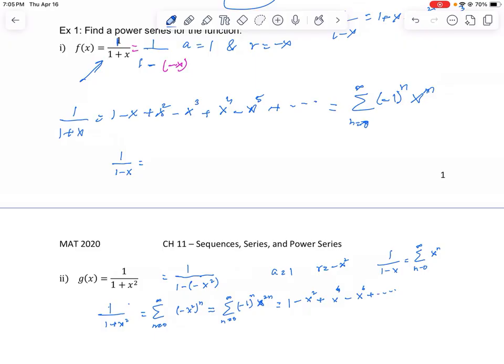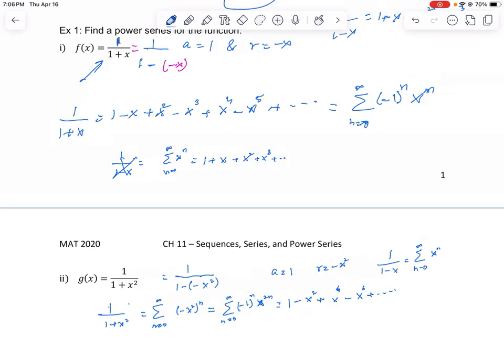So if I write the series, the sum of x to the n from 0 to infinity, it can be expanded as 1 plus x plus x squared plus x cubed plus dot dot dot, so it keeps on going like this.